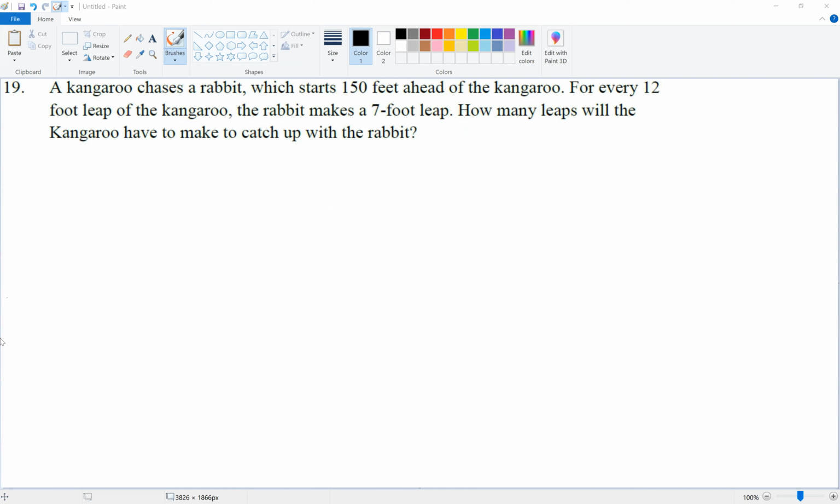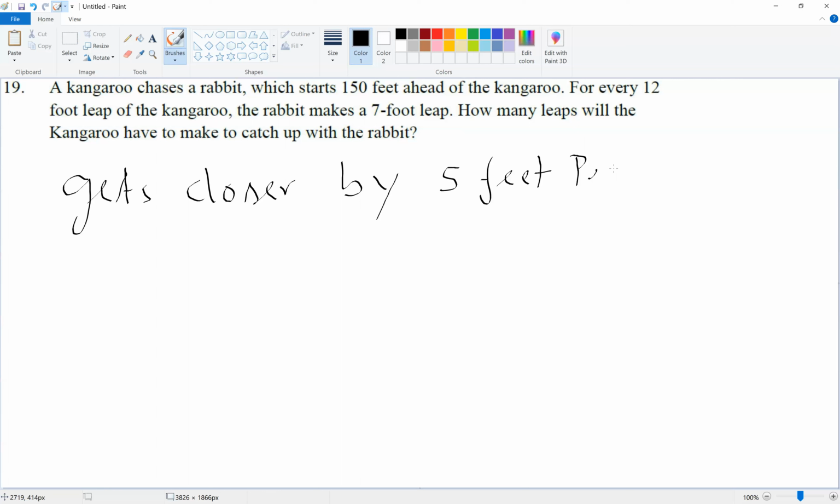I think so. The rabbit starts 150 feet ahead of the kangaroo, and it gets closer every leap by 5 feet. Close 5 feet per leap, correct?